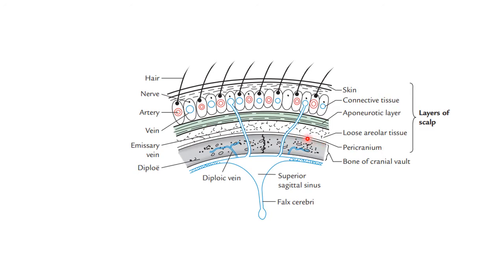This is the periosteum of the bone of the skull vault, and it is called the fifth layer. It is loosely attached to the bones and can be easily stripped off, but it is firmly attached at the sutures.